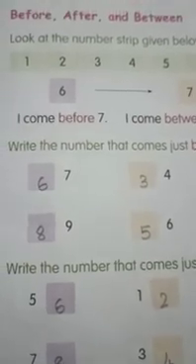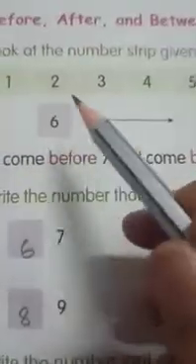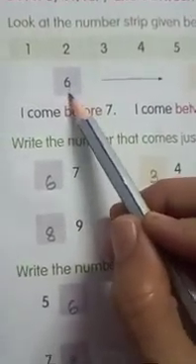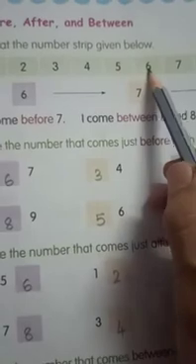Now look at the number strip: 1, 2, 3, 4, 5, 6, 7, 8, 9, 10. As our chapter is from 1 to 10, so we have taken the number strip from 1 to 10 only. 6 we have. What comes after 6? After 6 here is 7.